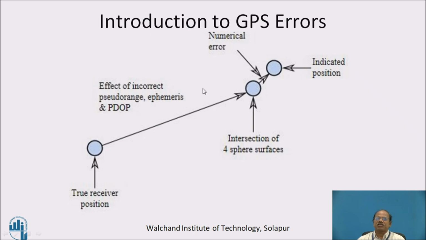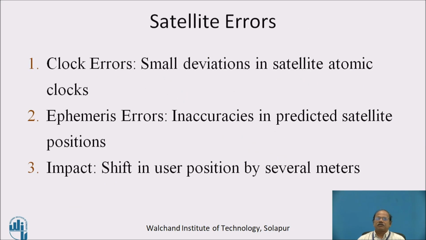However, because of these particular errors, there can be a numerical error resulting into some other location indicated by the global positioning system. We have to identify the sources and try to eliminate or preferably avoid these particular errors.